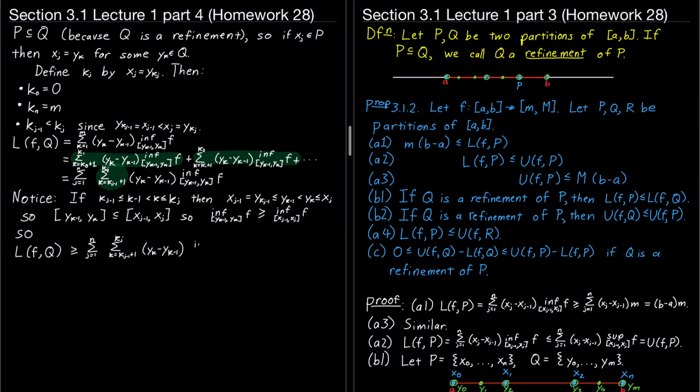Then I'm going to put the infimum over x_{j-1}, x_j here. And then notice that the infimum part doesn't depend on k anymore, so I'm going to move it out front. I can't move it out of the j sum, it depends on j, but I can move it out of the k sum.